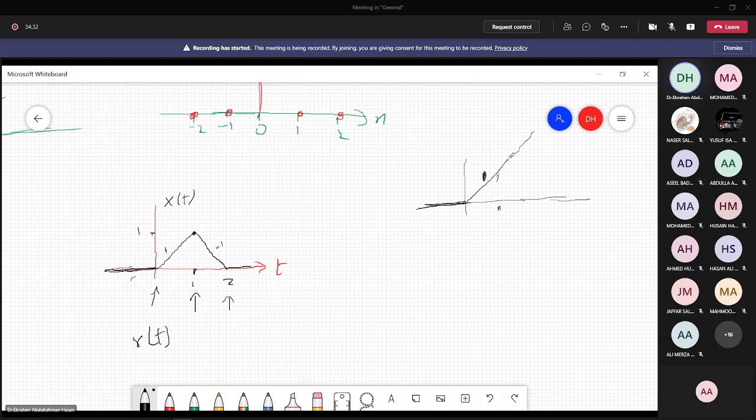We know that linear plus linear, with slopes M1 and M2, gives a linear function with slope equal to M1 plus M2. When I add two lines, the slope is M1 plus M2.